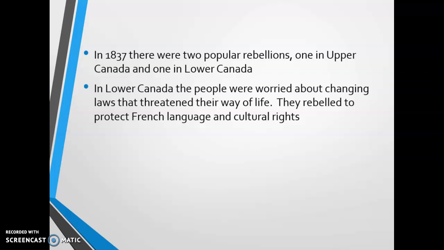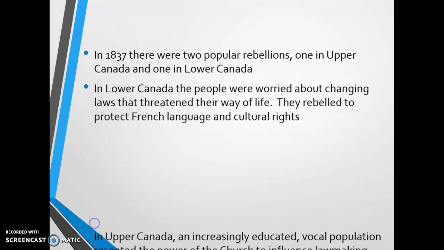The British majority was making laws that favored the British culture, the British language, and the British way of doing things, whereas the French people were largely agricultural, and they wanted to keep it that way. So they rebelled to protect the French language and cultural rights. Ultimately, they were rebelling to keep things the same.